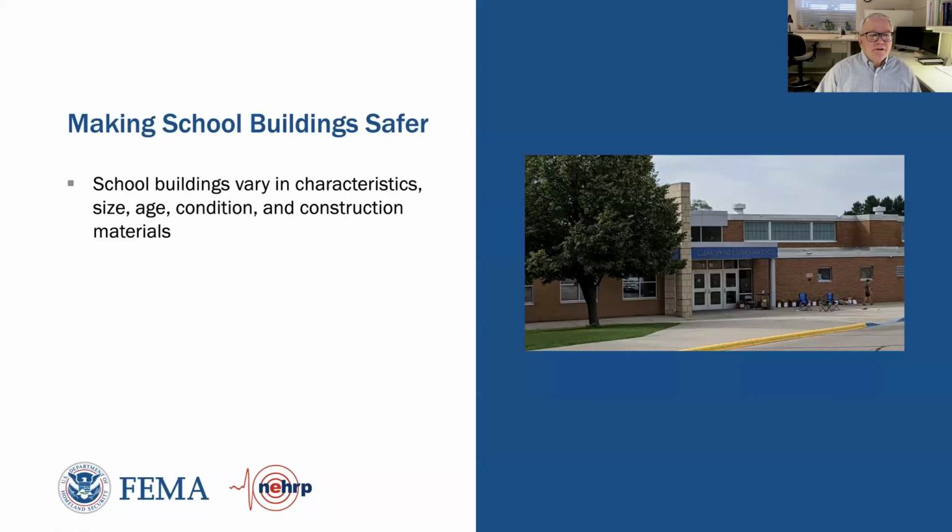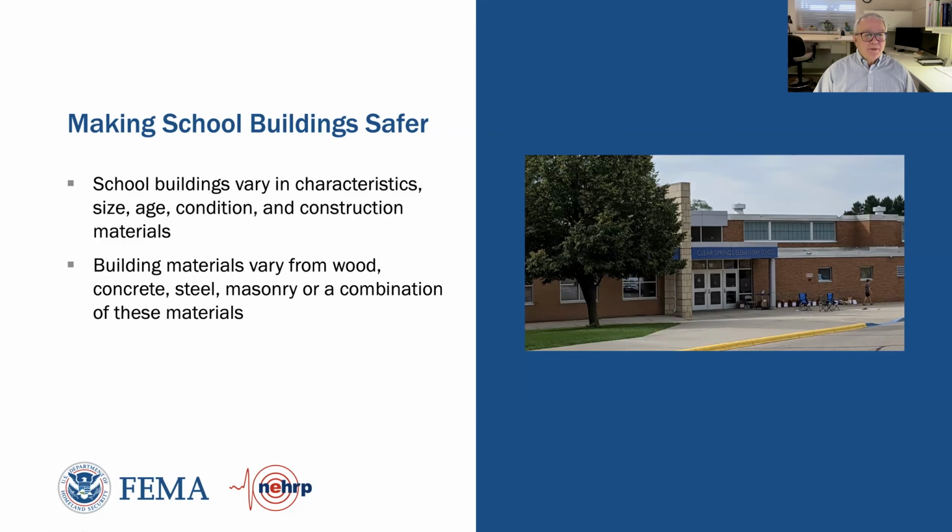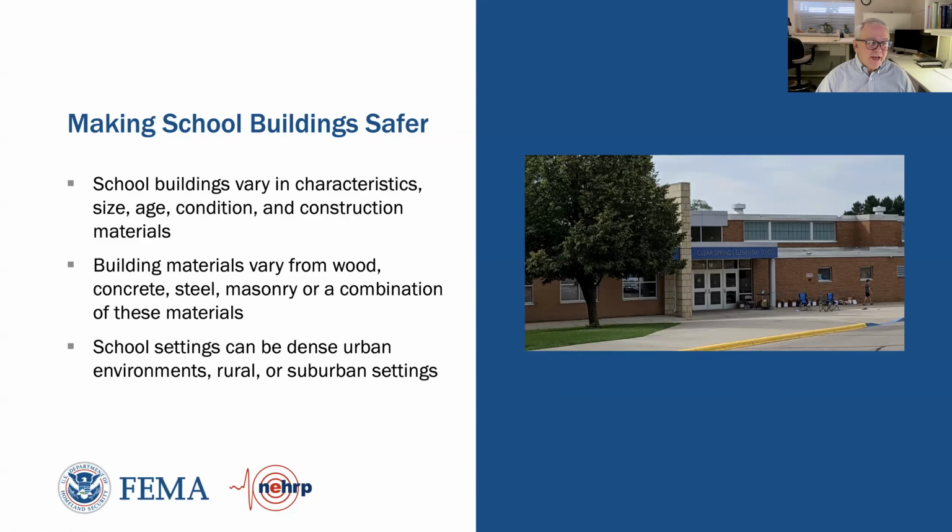So first, understand that school buildings vary tremendously, both in characteristics, size, age, condition, and construction materials. The materials that school buildings are made of are wood, concrete, masonry, or a combination of any of these materials. And then school settings, they can be in dense urban environments, rural or suburban settings. So you have a variety of things to consider.